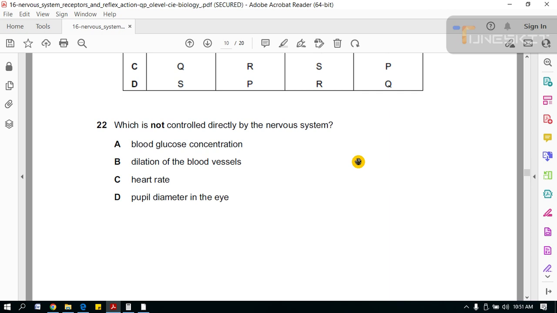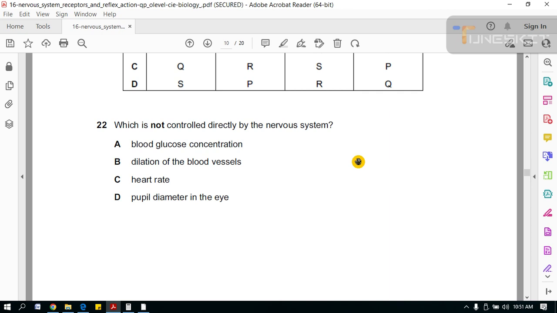Blood glucose concentration. Yes, it is controlled by the nervous system, as we know it is the function of the hypothalamus. Dilation of the blood vessels, yes, and heartbeat and all these things are controlled by the medulla oblongata, so they are also under the control of the nervous system.